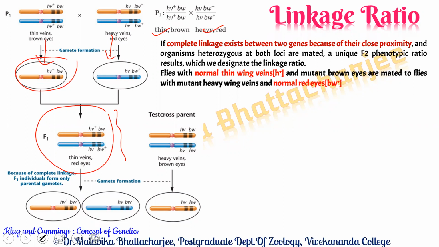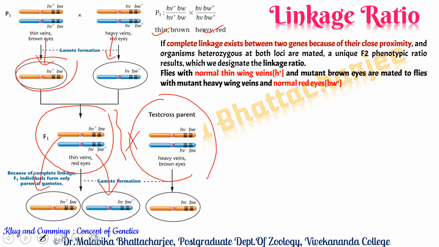Now, when these F1 flies are test crossed, so when this F1 in this particular picture is test crossed with the recessive parent, since the genes are linked, the F1 will produce only two kinds of gametes.